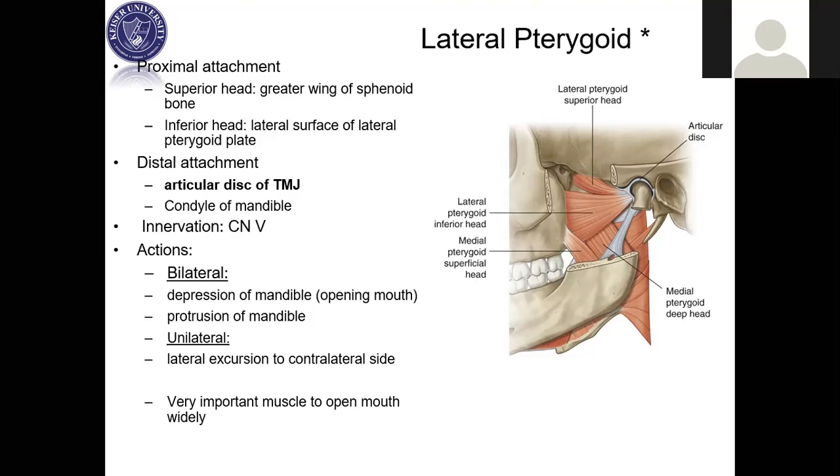Now, we're going to talk about this muscle more in depth in kinesiology because we have a section that talks about the temporomandibular joint. But what I need you to know is that the lateral pterygoid inserts into the articular disc of the temporomandibular joint. Now, this is an important structure.